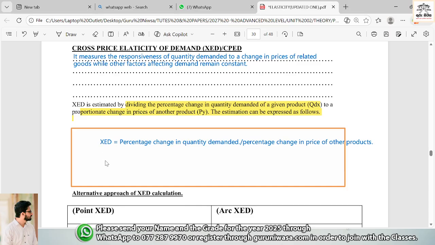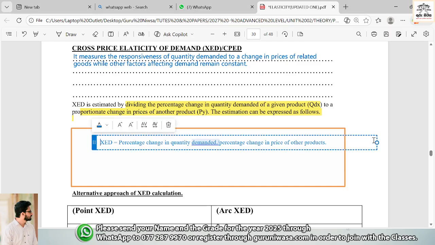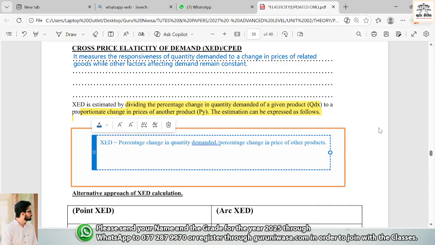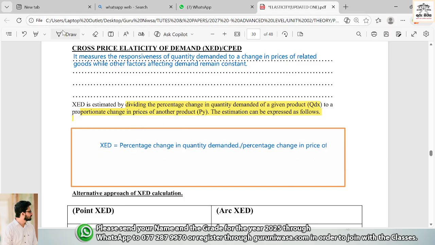You can use this equation in the exam or for questions. XED equals percentage change in quantity demanded of X, percentage change in QDX, divided by percentage change in PY, the price of product Y. Are you okay?